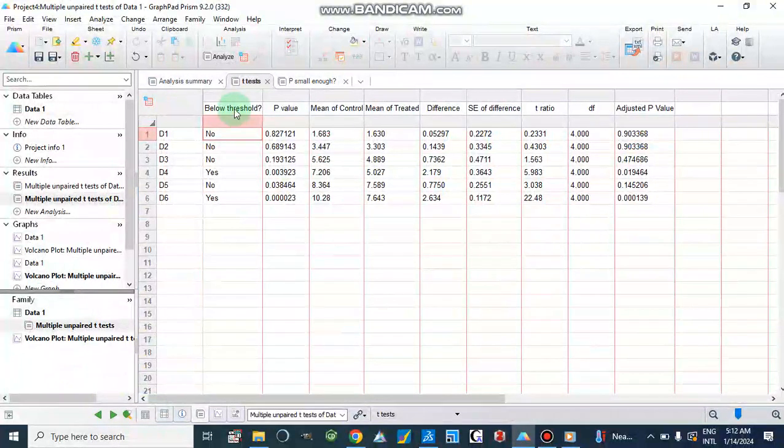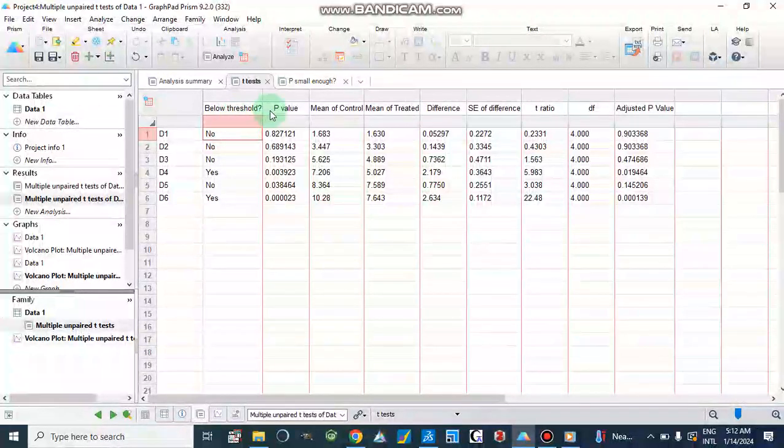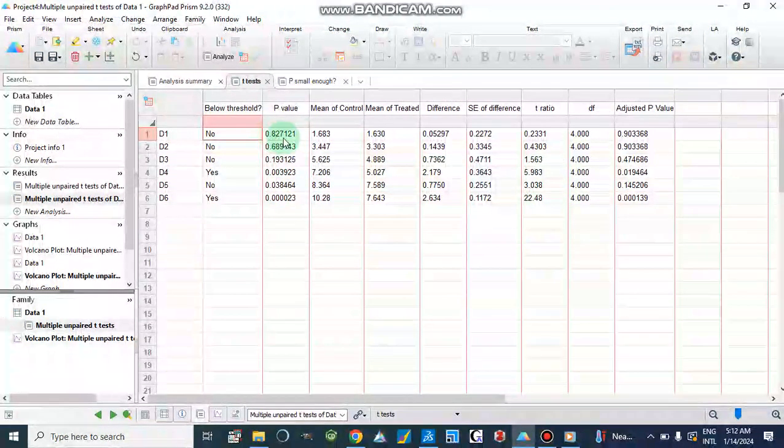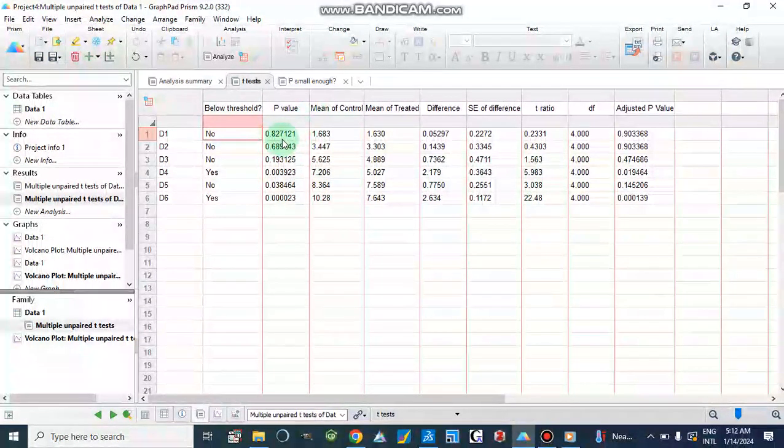Okay, now these are our results, and these results tell us that if we look at these values, p value 0.082, it means it is greater than 0.05. So it means the data is not significant.